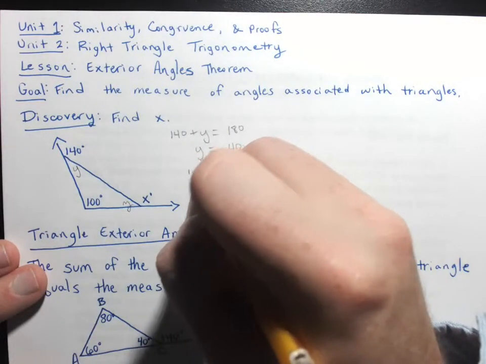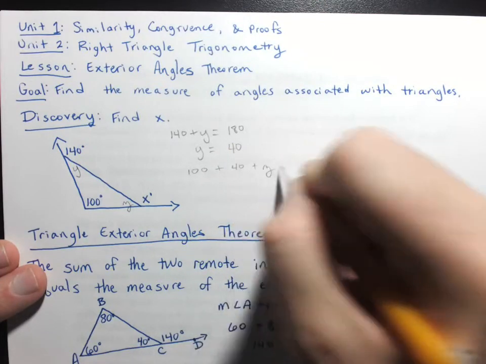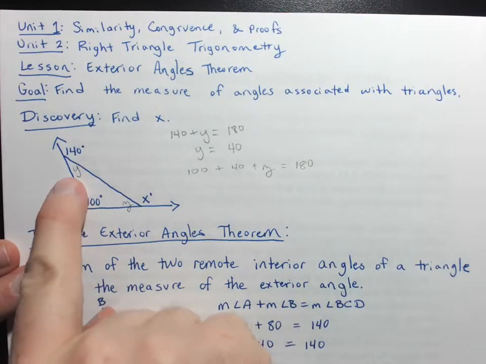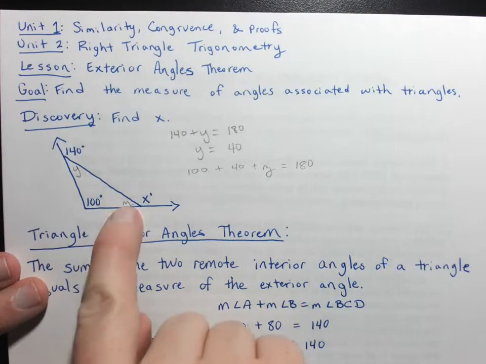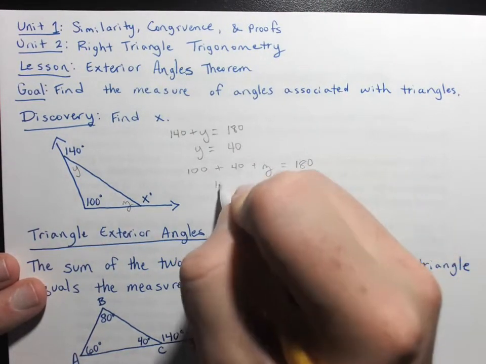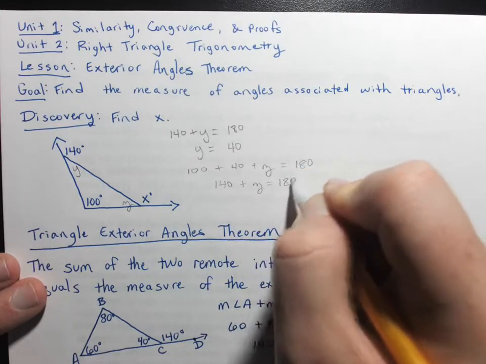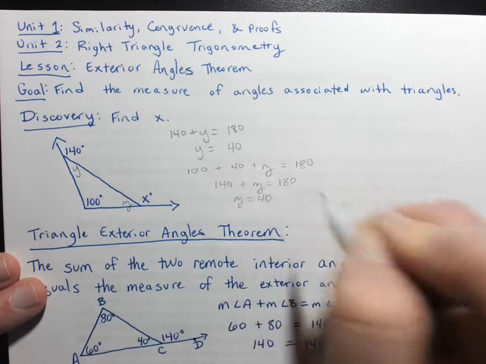So 100 plus 40 plus z should equal 180, because 100 plus 40, or y, plus z is 180, because that's the sum of the interior angles of a triangle. 140 plus z is 180, subtract your 140, and z equals 40.